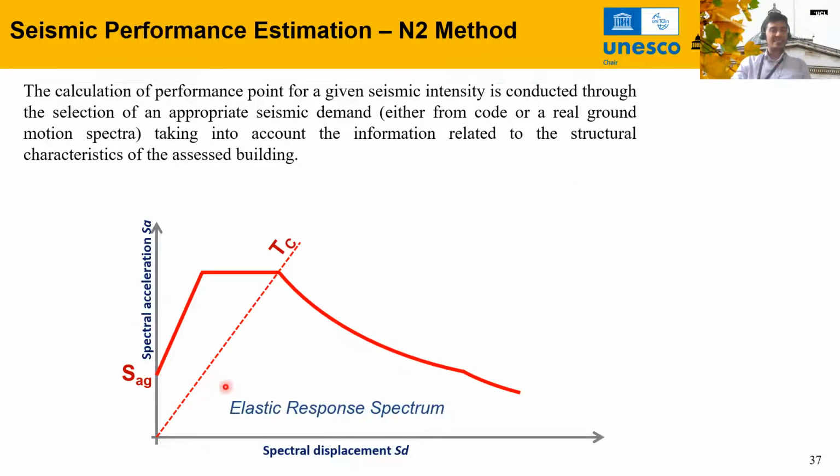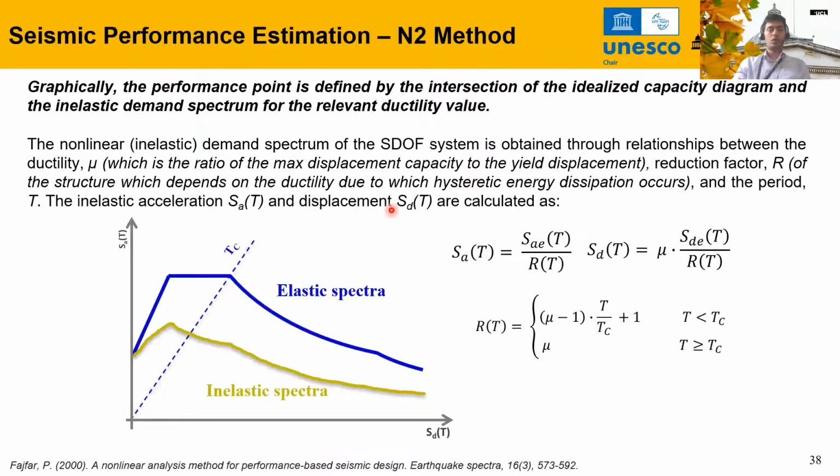So this is the elastic response spectra of the given ground motion or from the code. Now we need to get the inelastic spectra based on your structure's properties, the response reduction factor or the ductility factor of your structure. And this is the formula to reduce your elastic spectrum into inelastic.